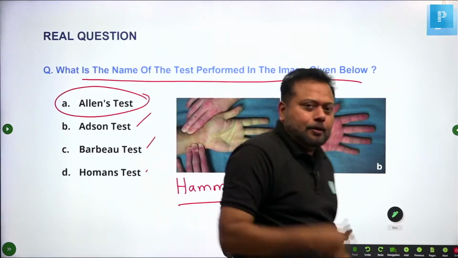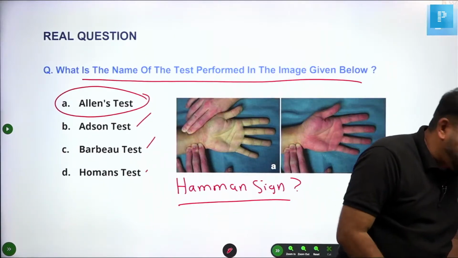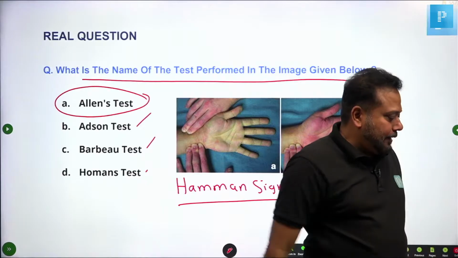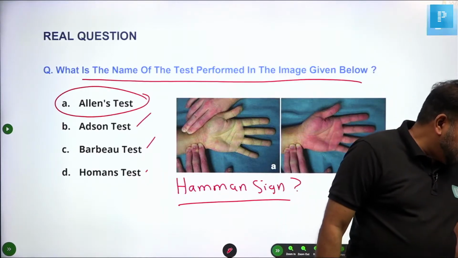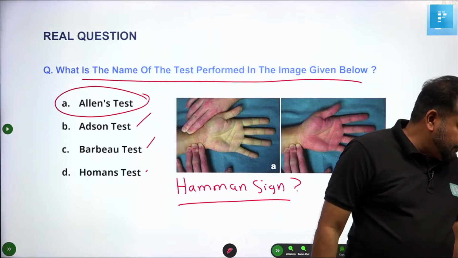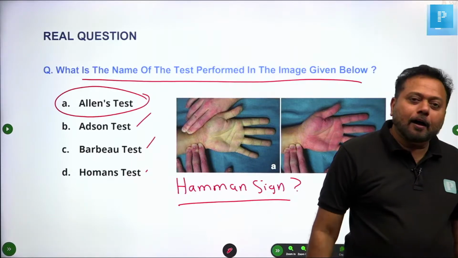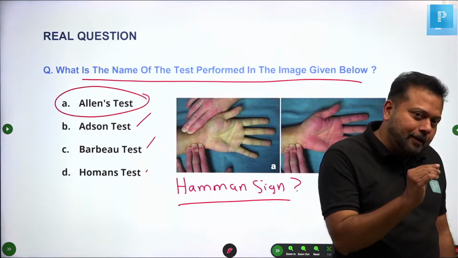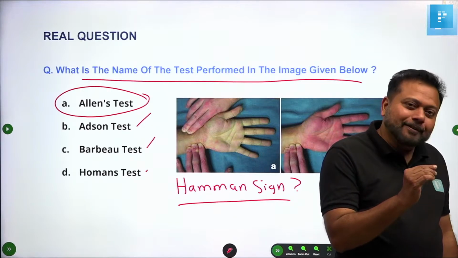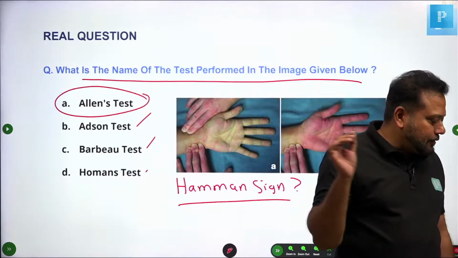Extra question. Since you are participating well, I am asking an extra question. Hohmann's crunch. You are right, Sayeda, you are very close to the answer. Hohmann's crunch. That's called Harman sign.